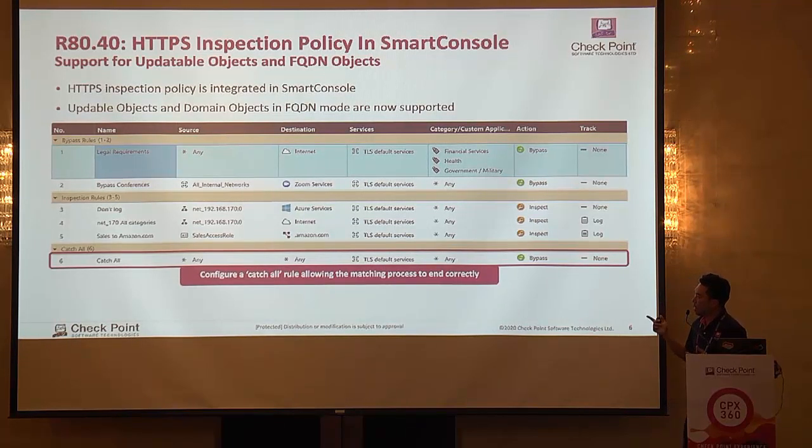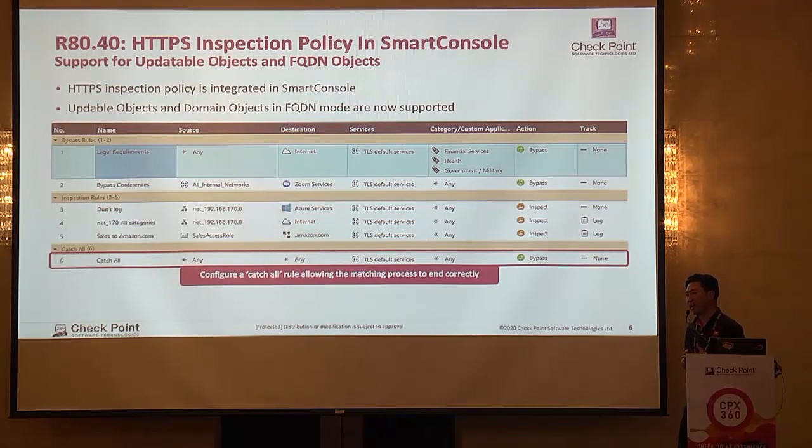The reason we suggest adding the bottom rule is that if you look at the policy, we define rules with source, destination, and URL category. In some cases, there is no match for any rule, and it becomes unclassified traffic.